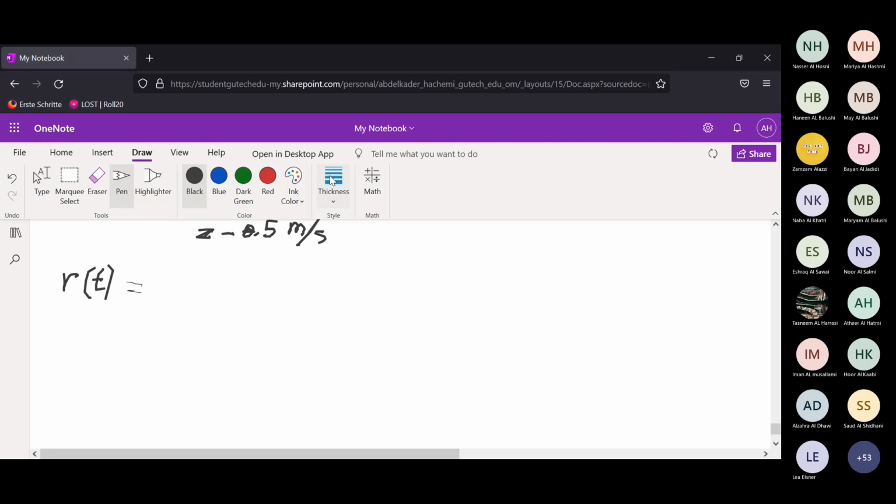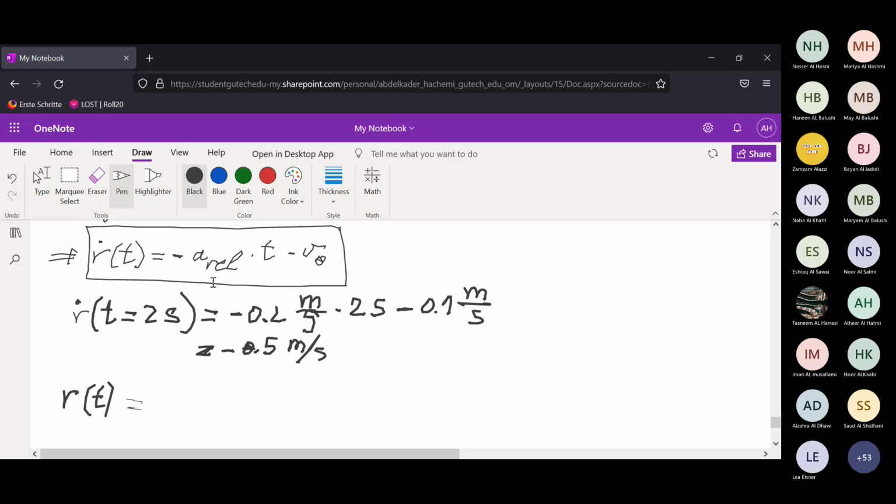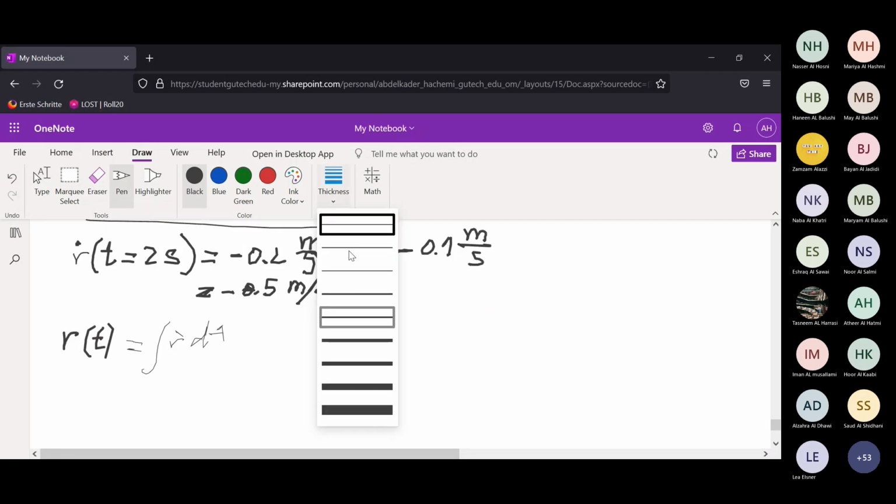Now, if we look to R of t, R is only the integral of r dot dt.